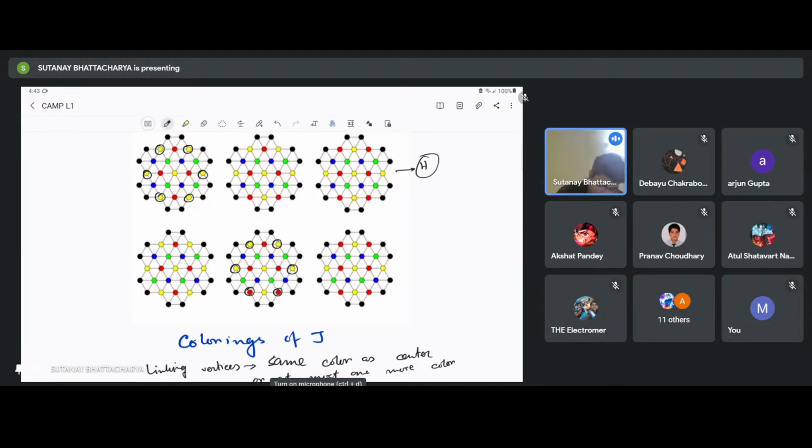So they can either be, in this case, a complete hexagon of the same color, or they could be, for example, in this case, four consecutive yellow vertices and two consecutive vertices of the second color. This configuration can also happen, and these are pretty much the only possible configurations. In this case, we just have a copy of the above configuration.